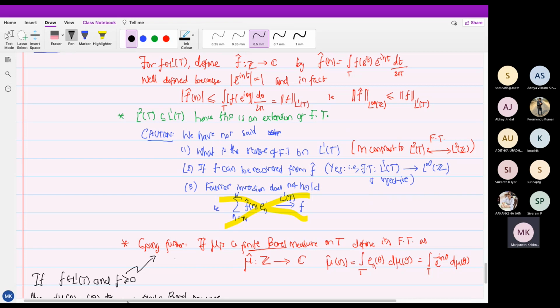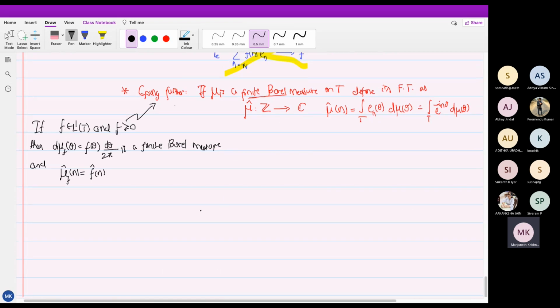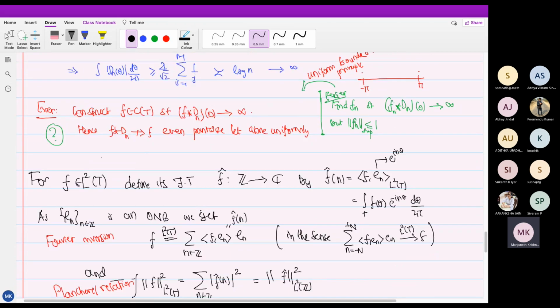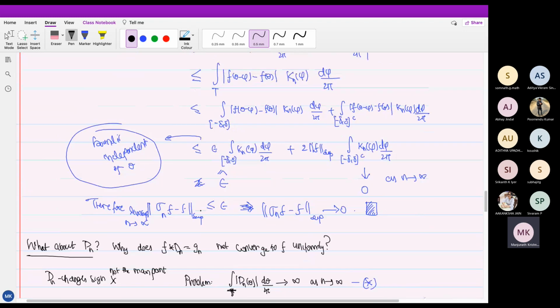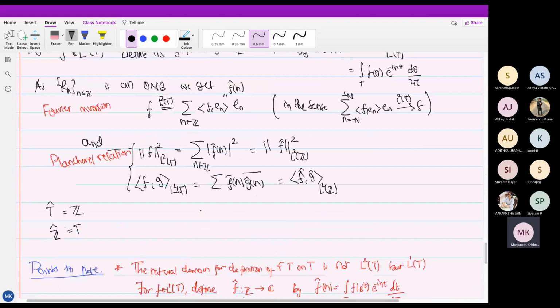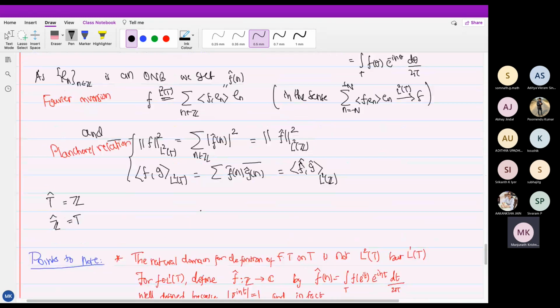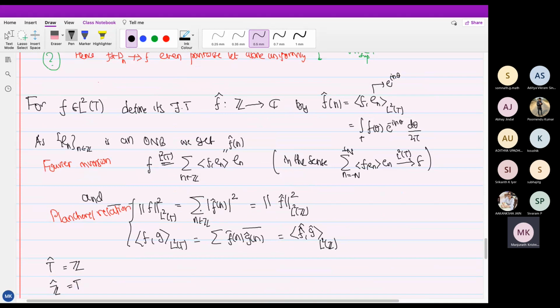Okay, so now let me go back then. Many of you may have seen many of these things. I don't know. But anyway, I want to now clarify a bit about this dual business. Later, I will mention the story in the general setting of locally compact abelian groups. Then it will become more clear if I say it now.